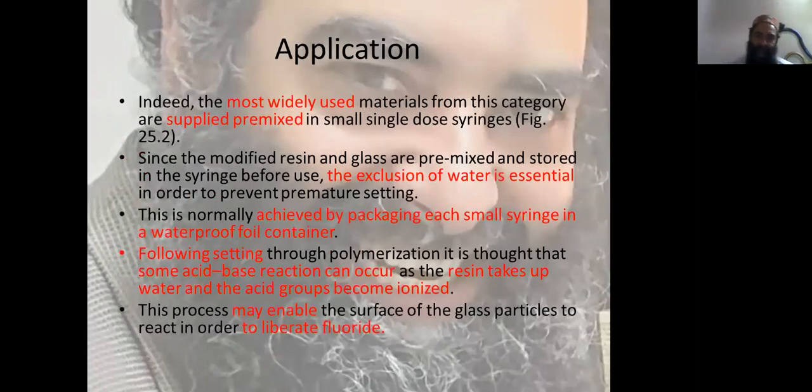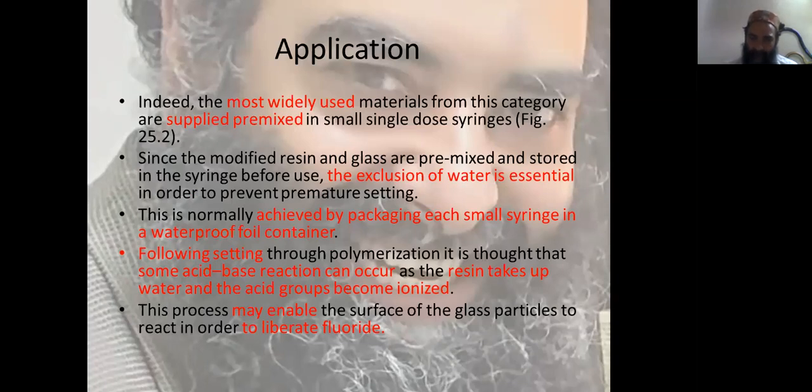Now, if we go for the application, the most widely used materials from this category are supplied pre-mixed in small single dose syringes. Modified resin and glass are pre-mixed and stored in the syringe before use. So water should not be there.